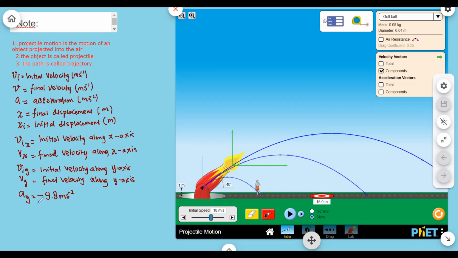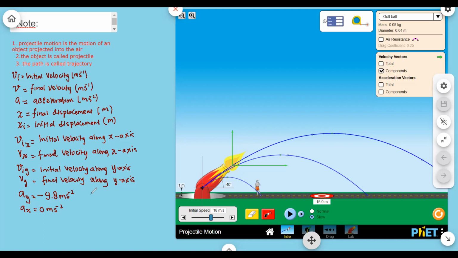So ax equals 0 meter second minus 2. Gravity is vertical and constant. Now we have revealed all the labels, and then we try to review the kinematic equations.